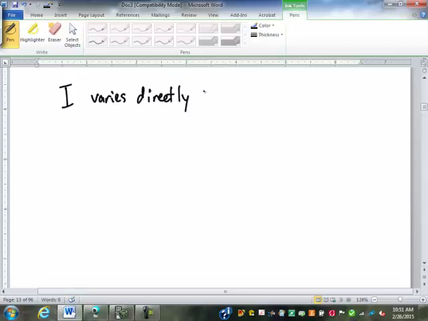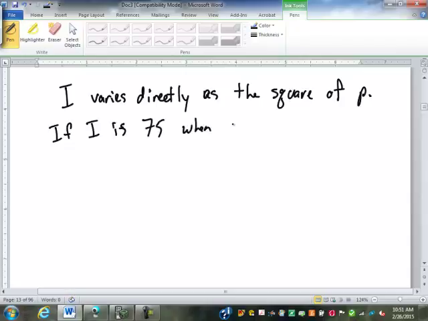Let's say I varies directly as the square of p. If I is 75 when p is 5, find I when p is 4.